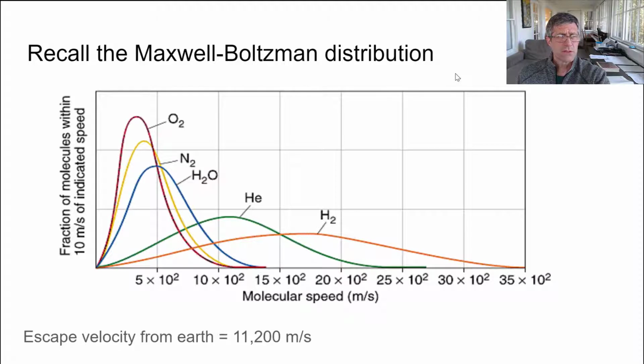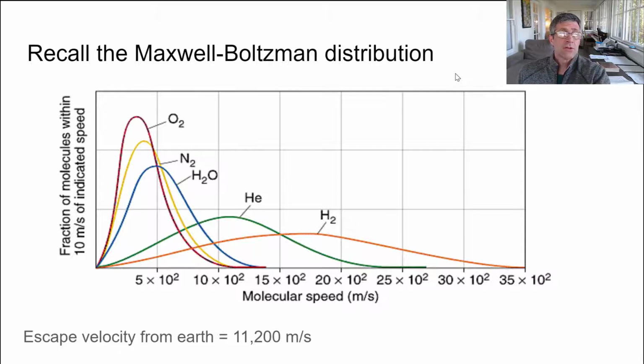Now you may notice in this speed distribution that hydrogen gas is maybe a fifth as fast as the escape velocity on average. And that means that some atoms are moving much faster than that, and some are going fast enough to escape from the Earth.